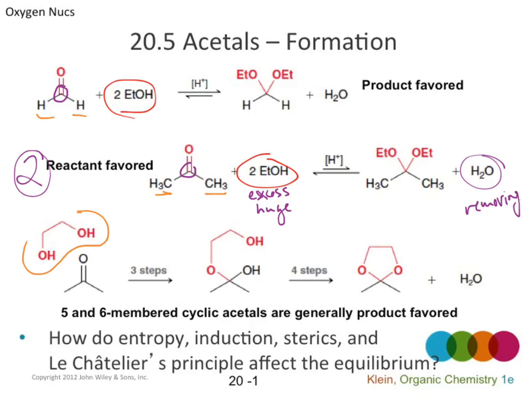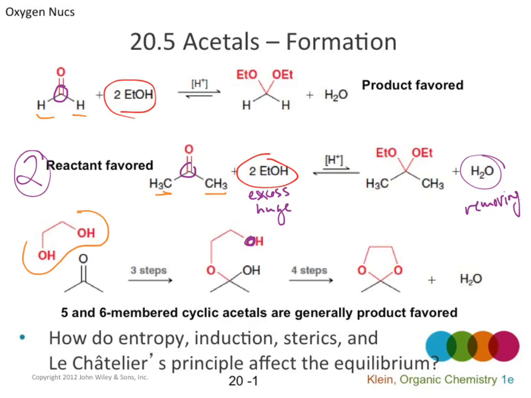Why does the ring structure help us out? It stabilizes the product, so our product energy could go down because we have a stable ring, but it does another thing that's helpful for us. In our intermediate, we have to have that extra oxygen, our other nucleophile, attack, which I'll highlight in purple here. In our first two cases, that oxygen is coming from a separate molecule, which is now floating somewhere in solution.